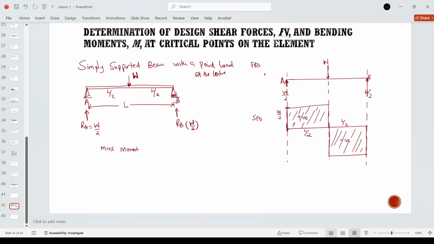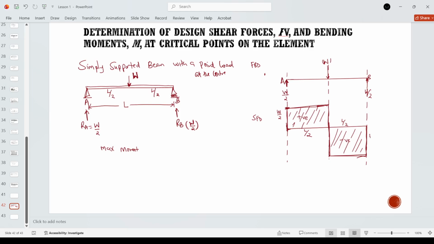There will be an instant increase by W over 2 to the positive, which will be maintained throughout the span up to the point load, and then it will reduce by W, because that's where we have W, and then also maintained and then increased. Okay, so then that is SFD.